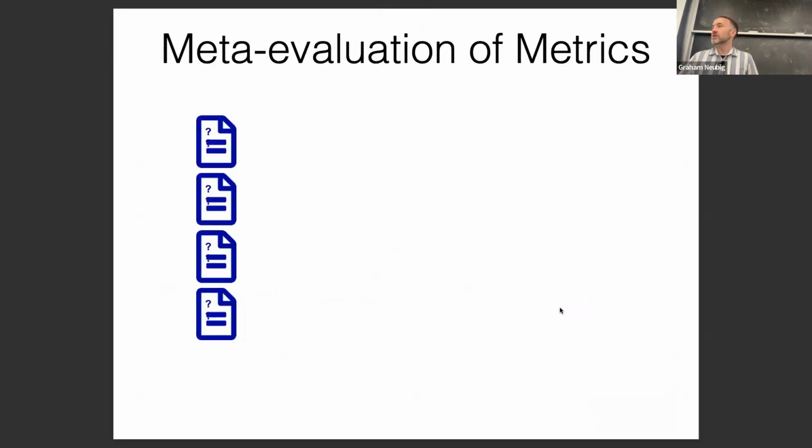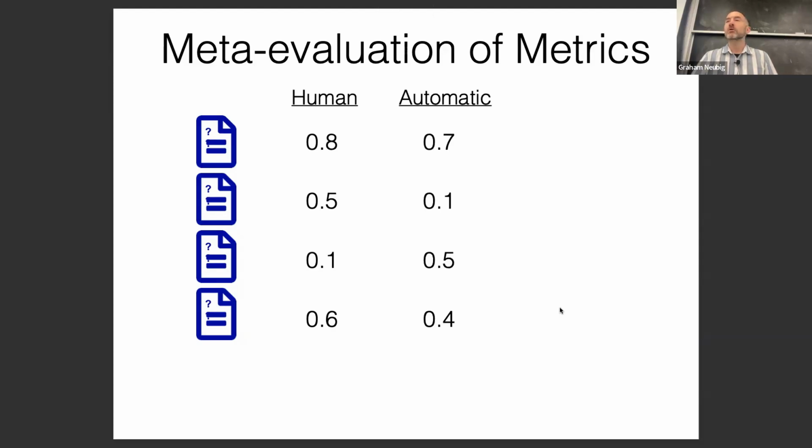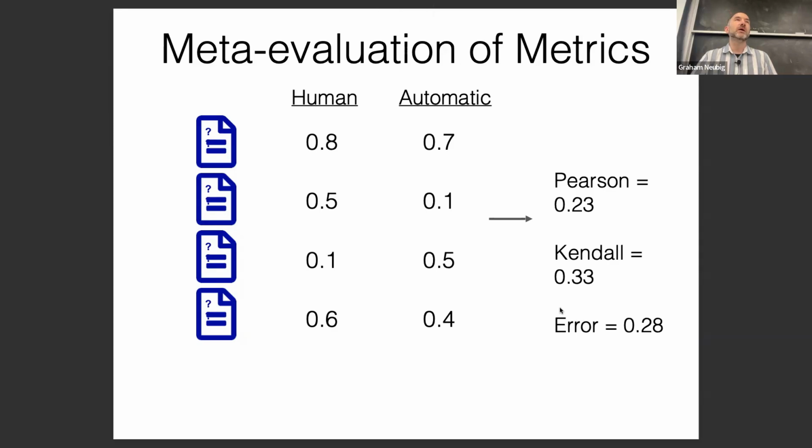The problem with evaluation, though, is that evaluation can be inaccurate. It can make mistakes. The way we tell how good a model is at being a judge is we do something we call meta evaluation, so evaluation of evaluation. We prepare a whole bunch of human ratings, and then we have the automatic ratings, and then we calculate some variety of correlation coefficient or absolute error of the predictions.